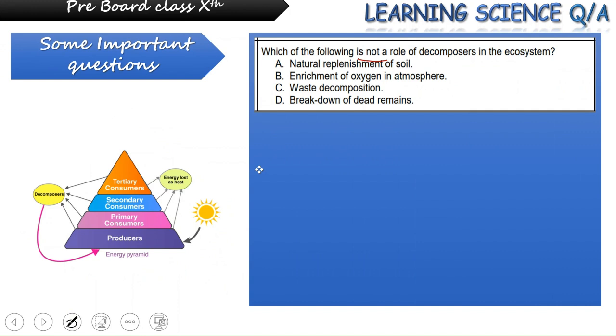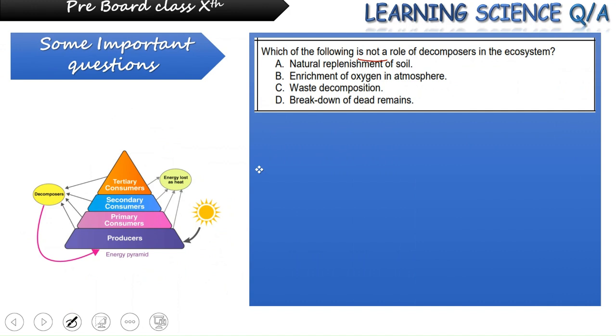Decomposers are present almost everywhere, majorly in soil, which are helping in the replenishment of the soil. They are involved in the enrichment of oxygen in the atmosphere. No, this is not true, because how oxygen will be enriched in the atmosphere is not a field which is worked upon by the decomposer.